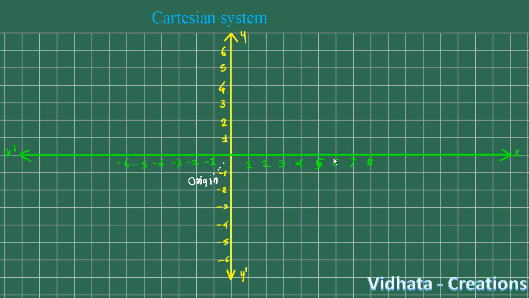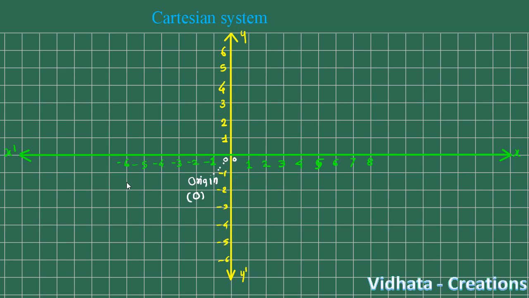At the point of intersection, the origin is always denoted by O, and here is the 0 of the x-axis as well as the 0 of the y-axis. This I told you.